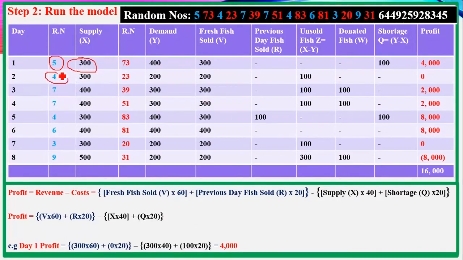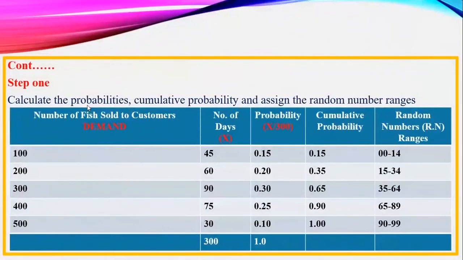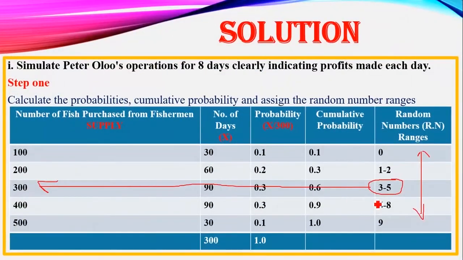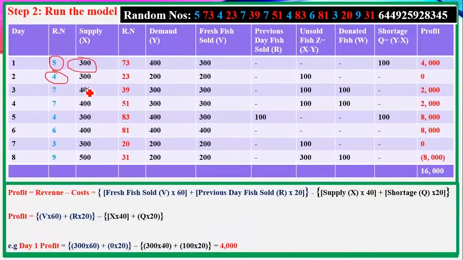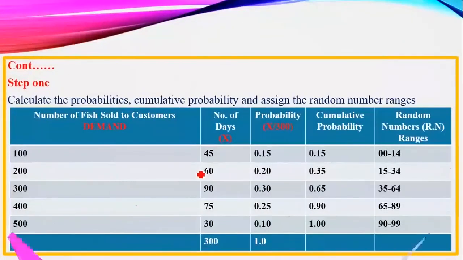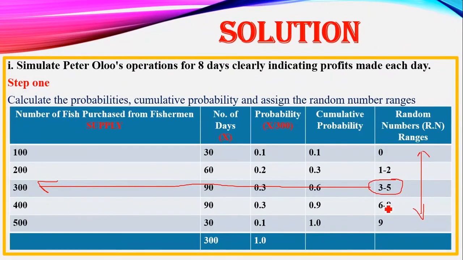When the random number is 4, again, check on that. When it is 4, 4 again will fall on the same category. So it will be 300. There we go. Then when the random number is 7, you check again. So when it is 7, it is going to be here, 6 to 8.